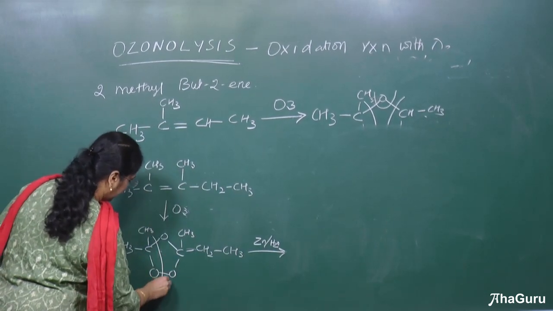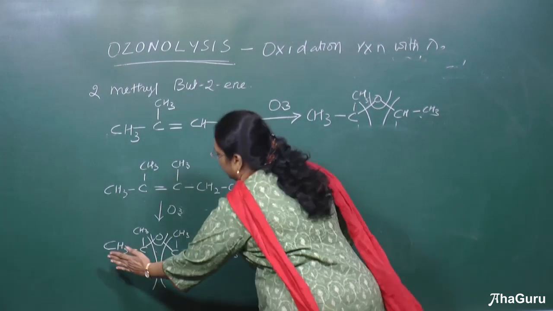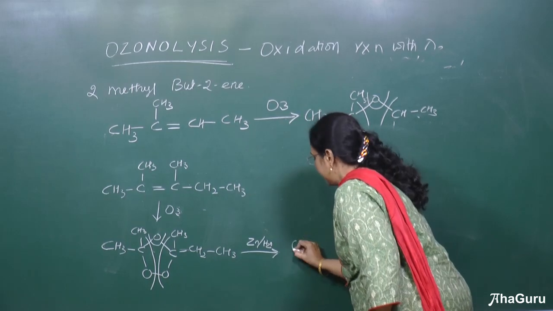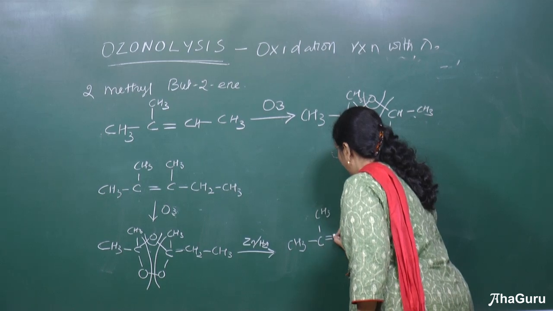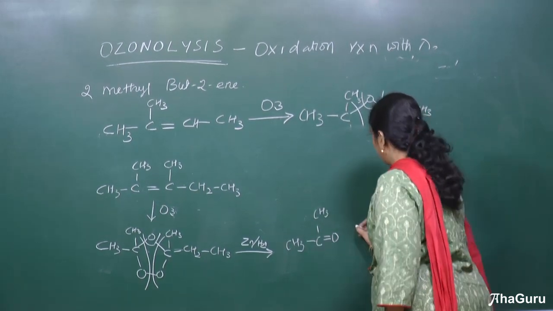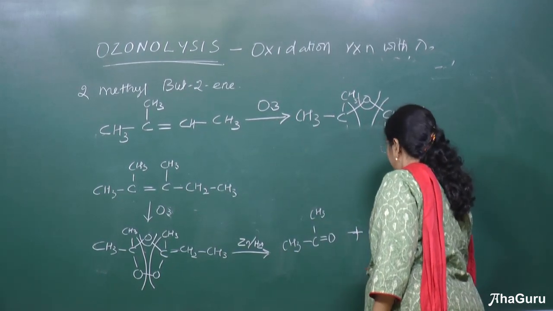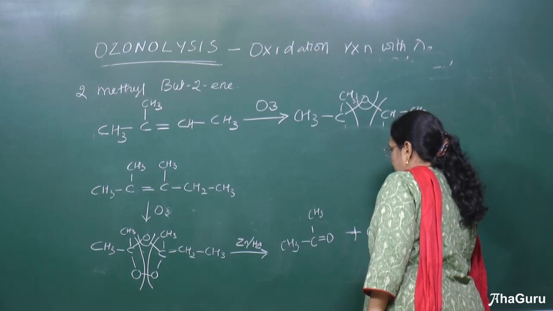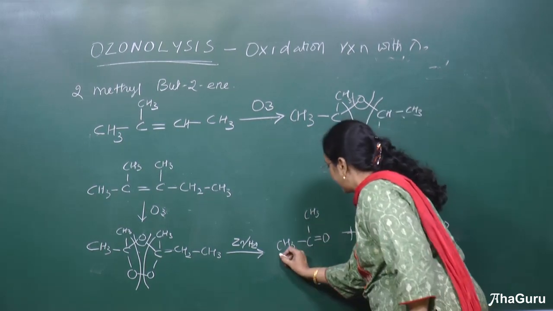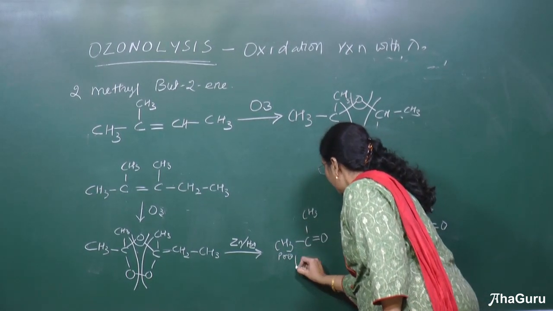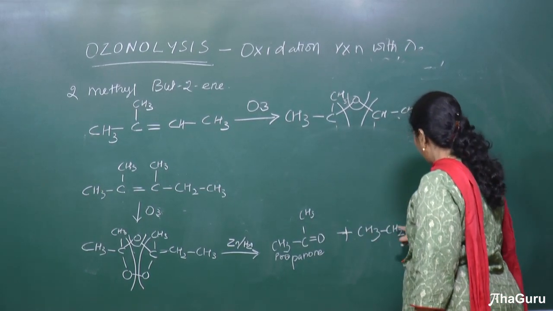As I told you, it will get cleaved here, here and here. So, what are the products now? We will see this part of the compound, that is CH3, C, CH3 double bond O, that is propanone, plus this part of the compound, that is CH3, CH2, CH3 here and double bond O. So, we are getting a mixture of ketones, that is propanone plus what is this, 1, 2, 3, 4.